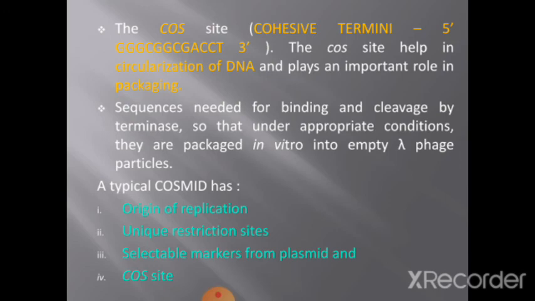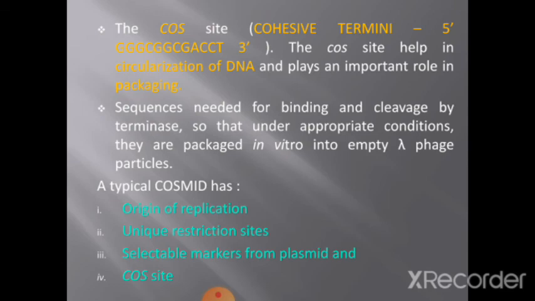So, these cohesive termini, also referred to as cos sites, allow the DNA to be circularized after infection of the host cell, and the cos site helps in circularization of DNA and plays an important role in packaging. So, this part of lambda phage DNA is retained.